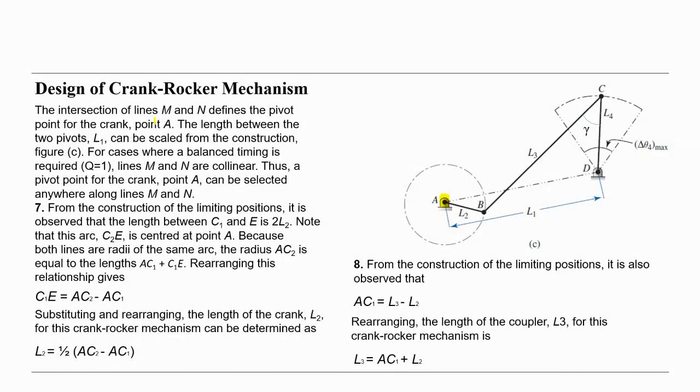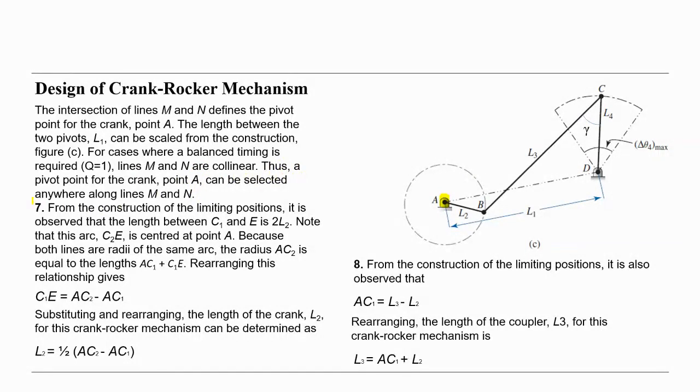The intersection of lines M and N defines the pivot point for the crank, point A. The length between the two pivots, L1, can be scaled from the construction in figure C. Then for the case where balanced timing is required, Q equals 1, lines M and N are collinear.